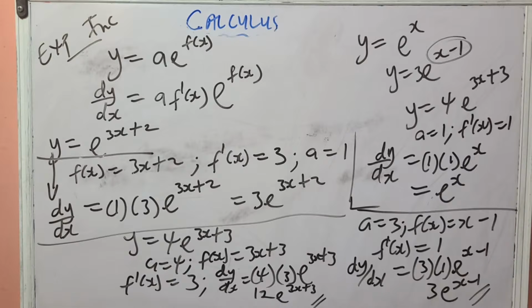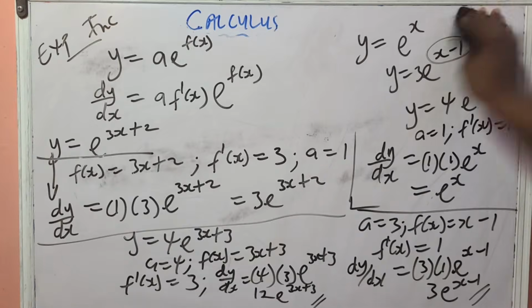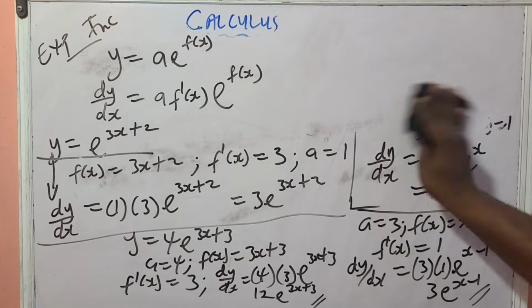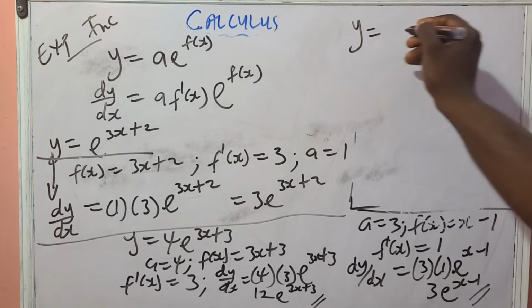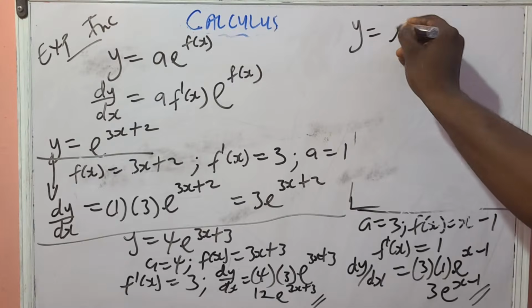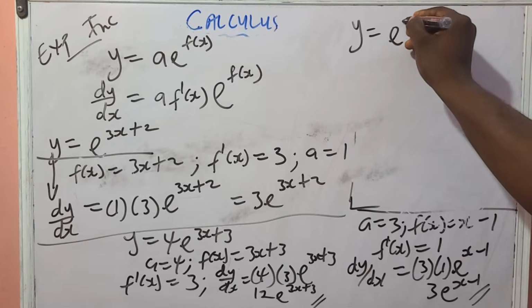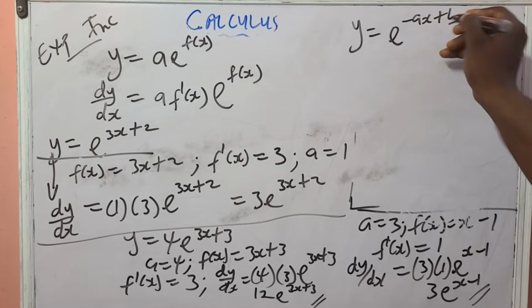Now that I know you have that understanding, I want to give you examples. You will do it and tell me what the answers are. That's the best way to practice, because if you were not flowing properly, at least you'll be able to flow while you do it yourself. So y equals e raised to power minus ax plus b.